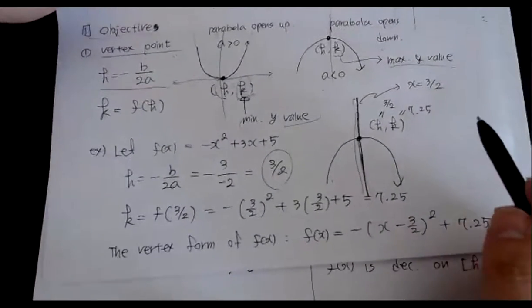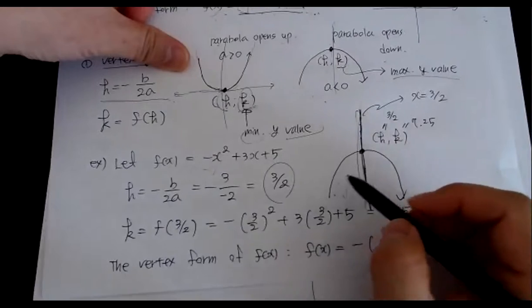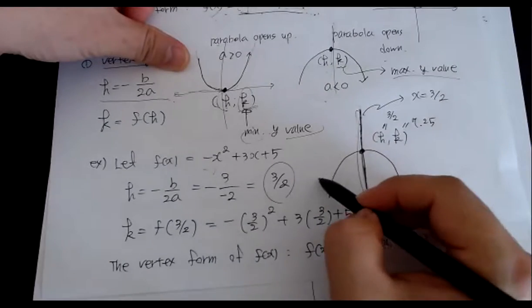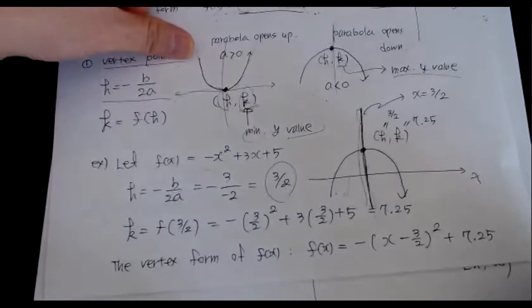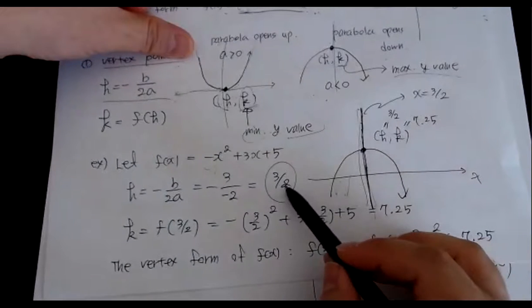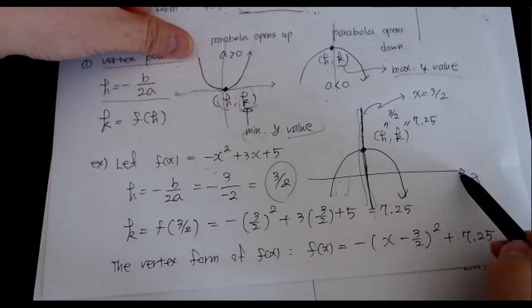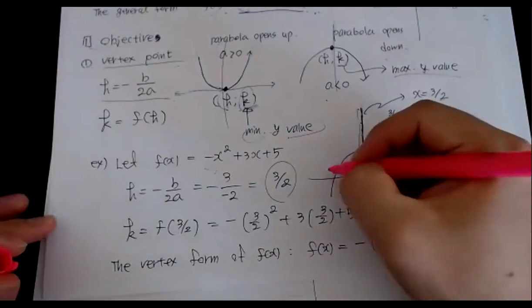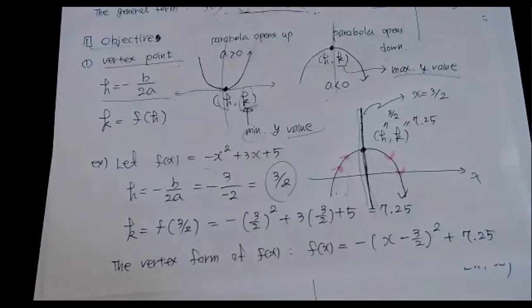You can see that k is maybe 7.25. Then f of x is increasing from negative infinity to h, and then decreasing from h to infinity. You can see that, right?